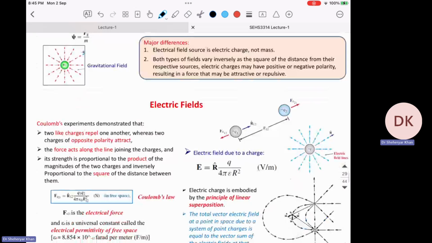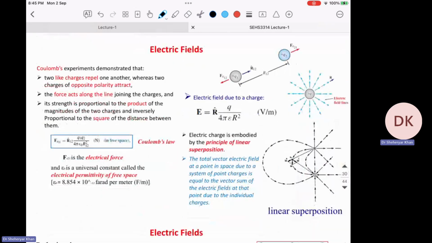But we can use this to create our own concept of electric field, right? I can again write a formula here. That's a simplified formula, right?